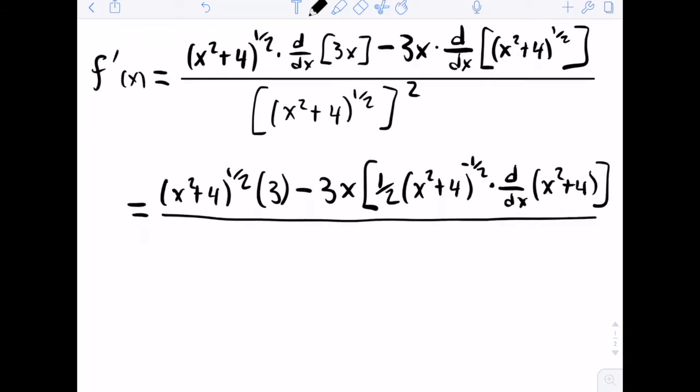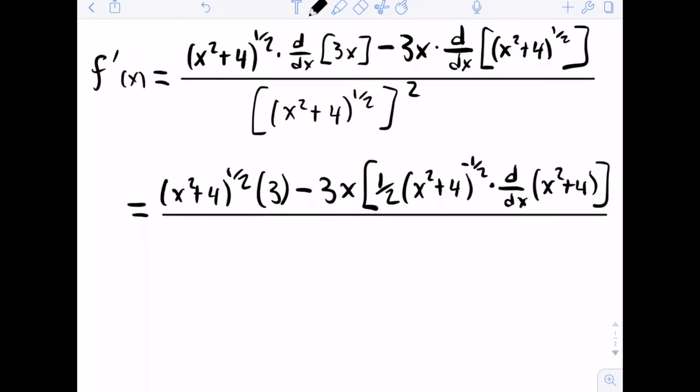And then at the bottom, the one thing I want you to notice here is that we've got a power of 1/2 and then square. So really what this is saying is take the square of the square root. Remember also that when we have a power to a power, we can multiply them together. So 1/2 times 2, or the square root squared, just gets rid of one another.